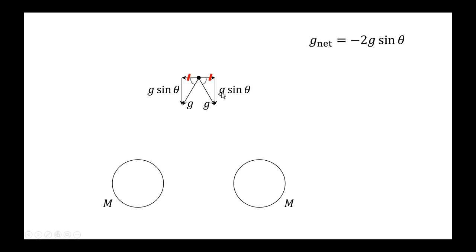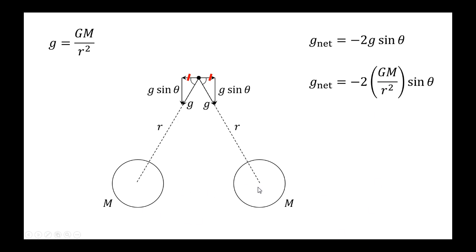When we add the two down vectors together, we get negative 2g sine theta. But what is g? g is this arrow. It's the original field from this mass m. So we can find g using this equation, and we can plug that formula in right here, where m is the mass and r is the distance to the center of each of these objects. We'll see some problems like this.